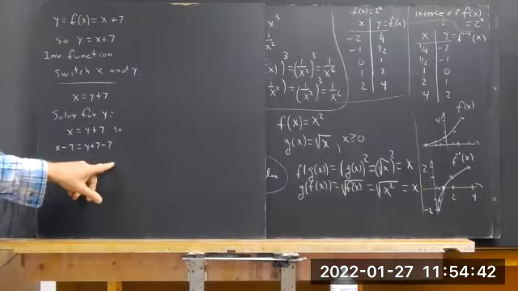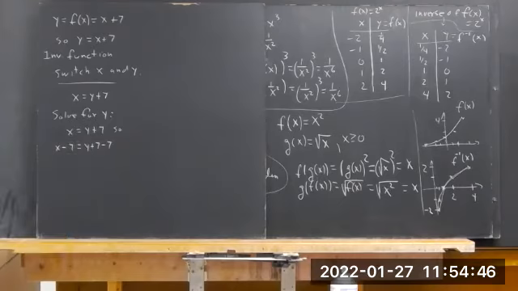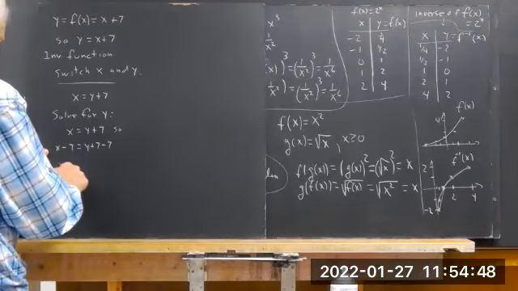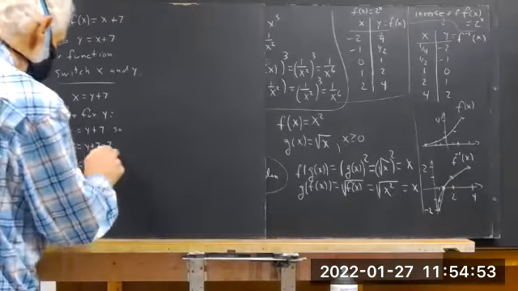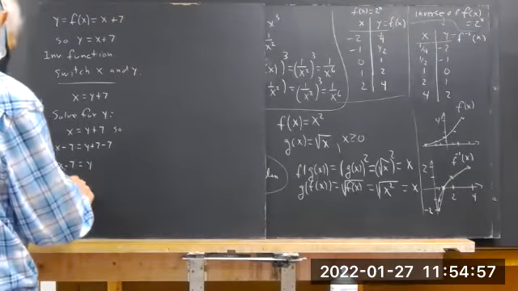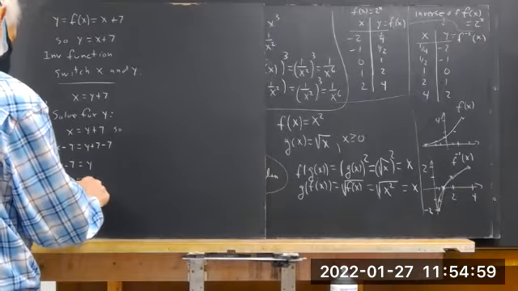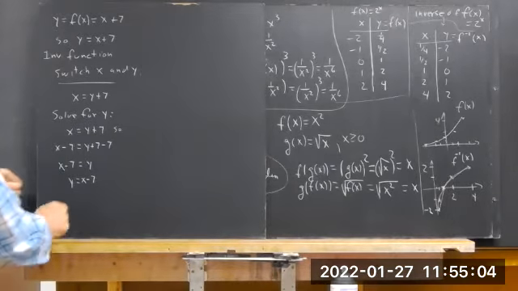We subtract 7 from both sides. That will get rid of this 7, right? And we get 7 minus 7 is 0, so we end up with y.